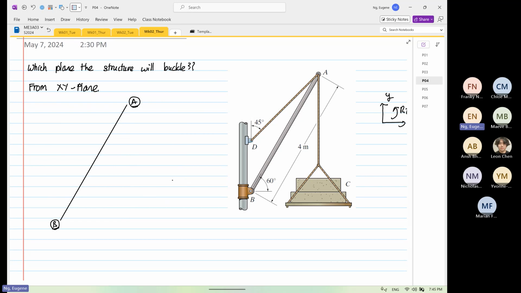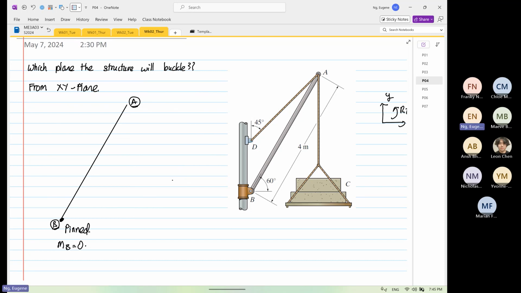And it can be observed that over here on this end, point B, it is pinned, right? It's pinned because moment at point B is equal to 0. Okay, so the structure can rotate.